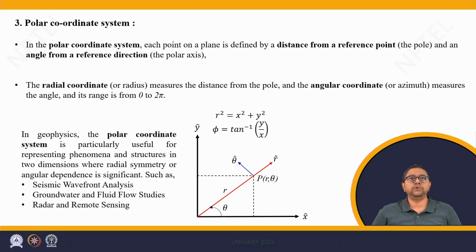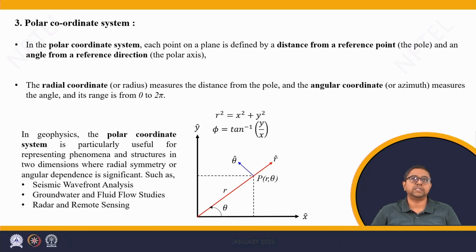However, due to inherent geometrical features such as curvature and other characteristics, curvilinear coordinate systems are more preferable. The polar coordinate system is usually one of the choices for representing geophysical quantities.